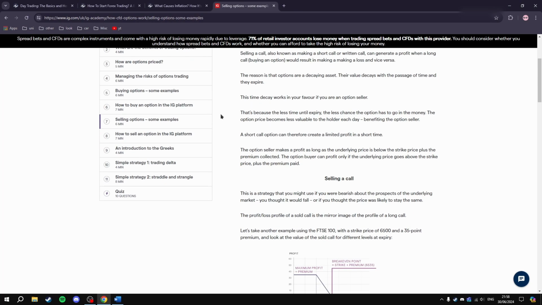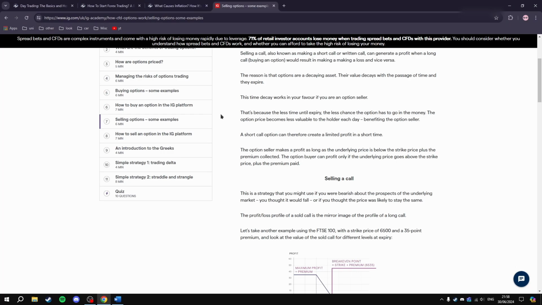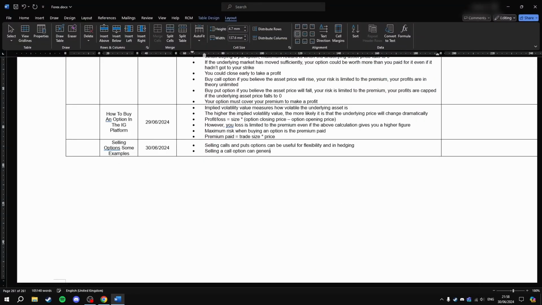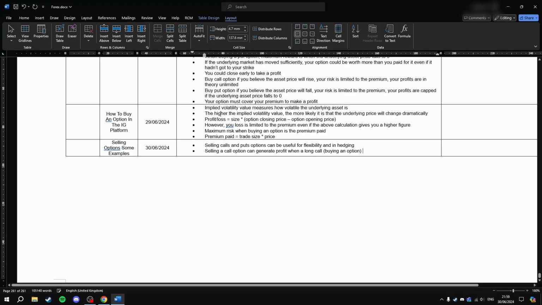So selling a call option, also known as making a short call or written call, can generate profit when a long call, which is buying an option, would result in making a loss and vice versa.